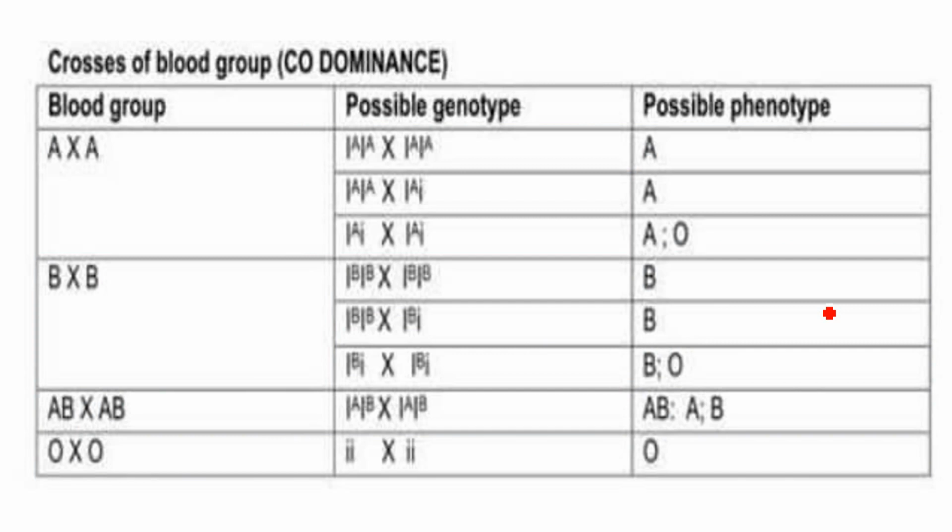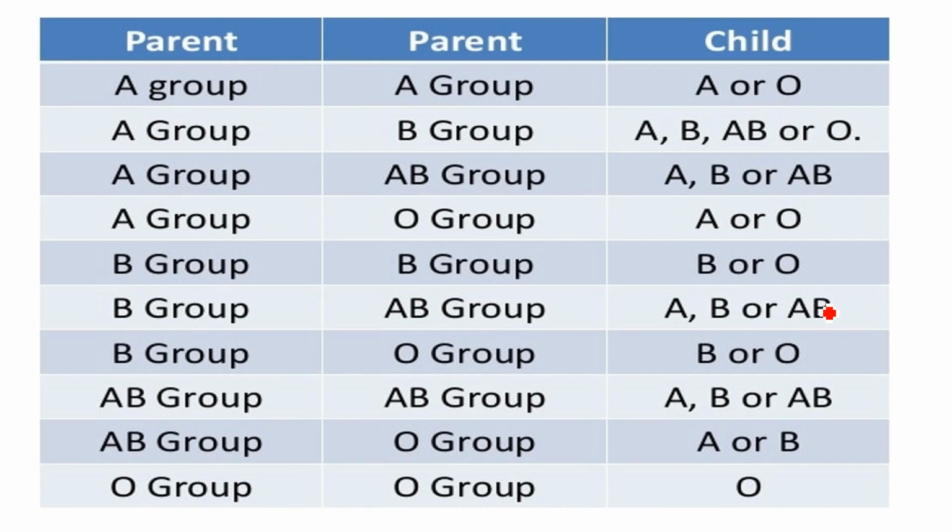Blood group, possible genotype. Now we will find out the blood group of the child. If one parent has A blood group and the other is also A, the child blood group is A or O. A and B parents: the child may be A, B, AB or O. A and AB: A, B or AB.